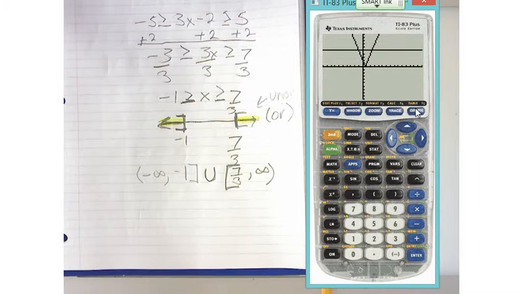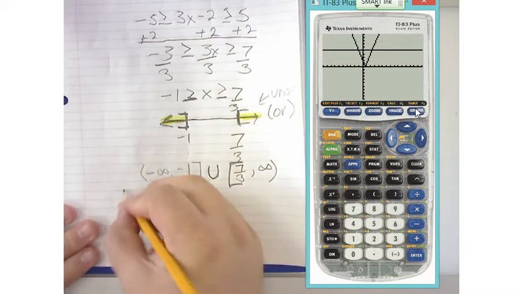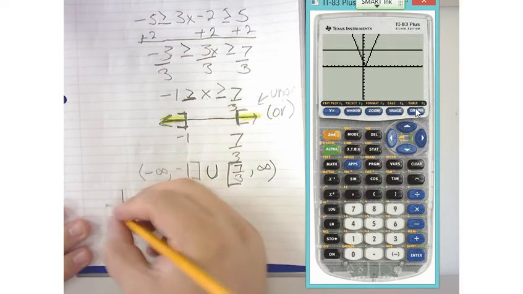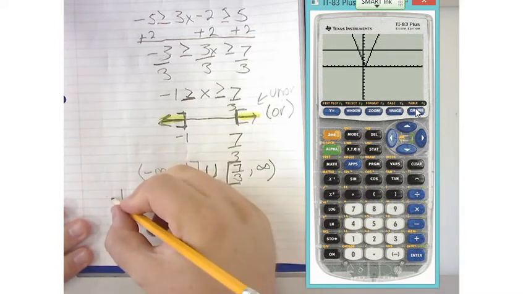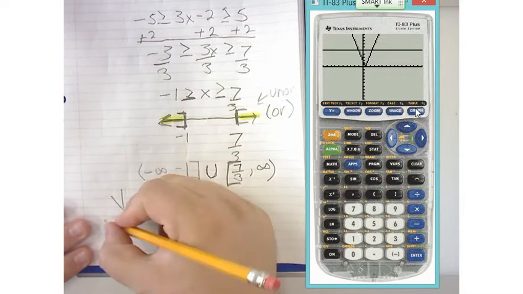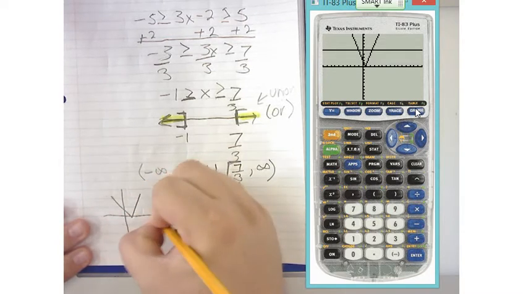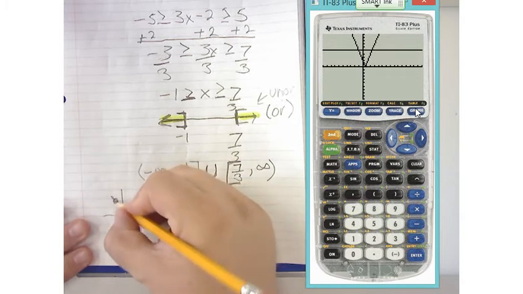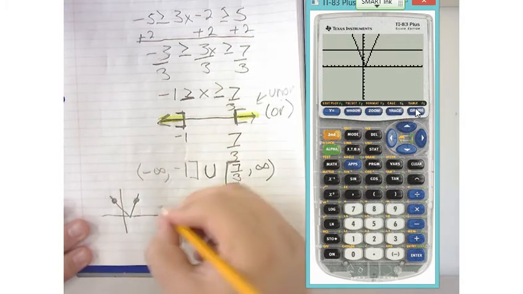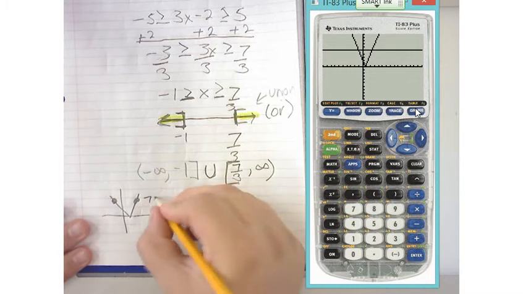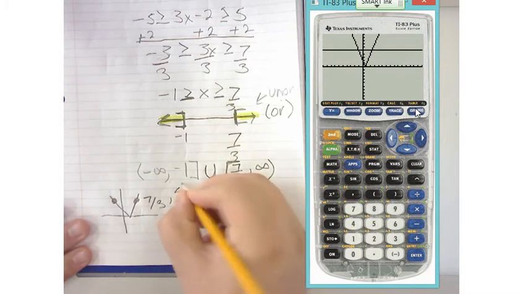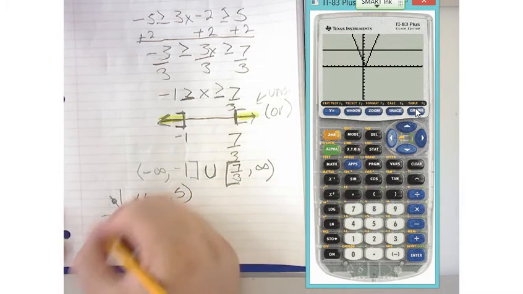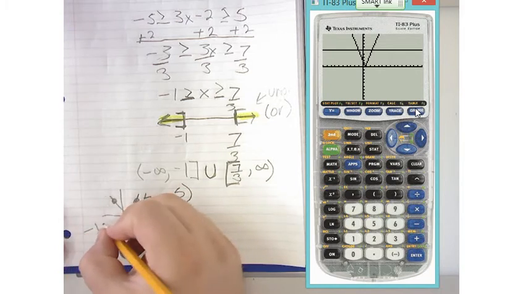Now when I graph this, it's a little different. So I'm going to sketch my graph here, and we're going to come right through here, and it's going to kind of look like this. And then I have this point here and this point here. This point over here is 7/3, comma 5. This point here is negative 1, comma 5.